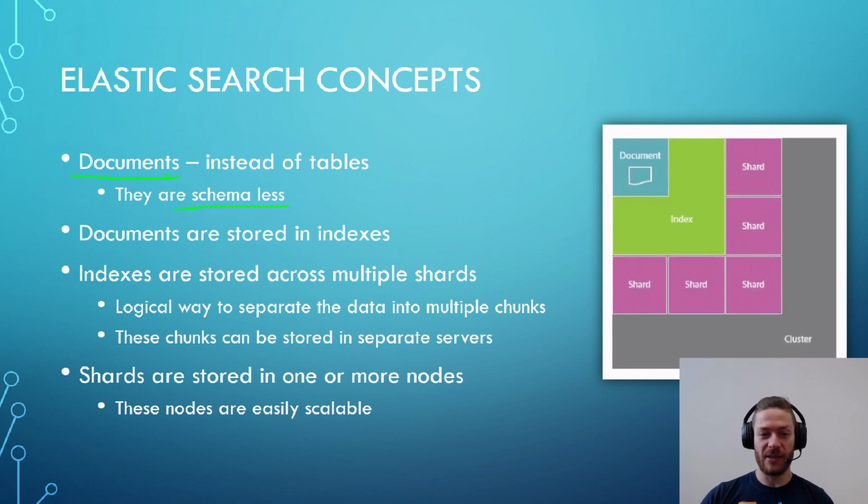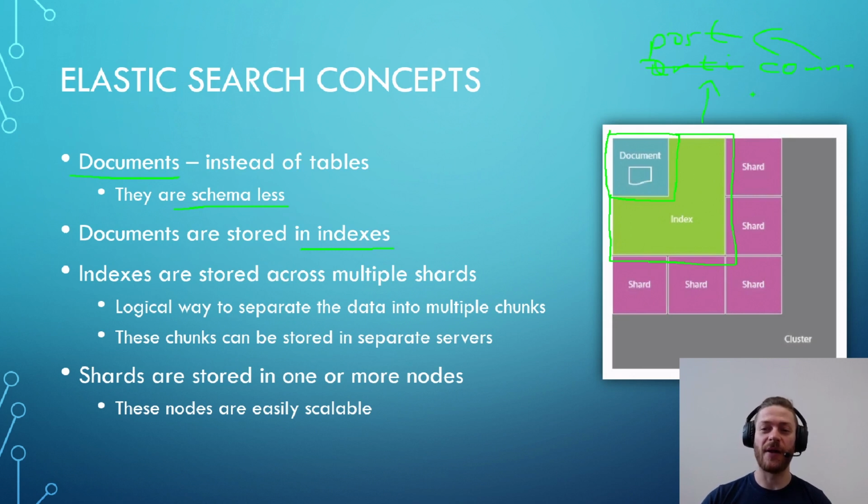All these documents are stored in the so-called indexes or indices. So you have the document which contains our data, and we store the documents in different indexes. For example, you may have an index for posts in a blog. You may have an index for comments, for example, which are linked to the posts.